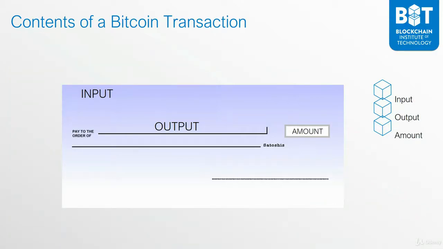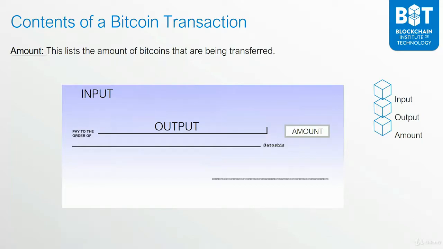Finally, we have the amount of the transaction, and this lists the amount of Bitcoins that will be transferred in this transaction. Notice that the Bitcoin protocol does not measure transactions in terms of Bitcoins, but rather in Satoshis, and there are 100 million Satoshis in one Bitcoin.